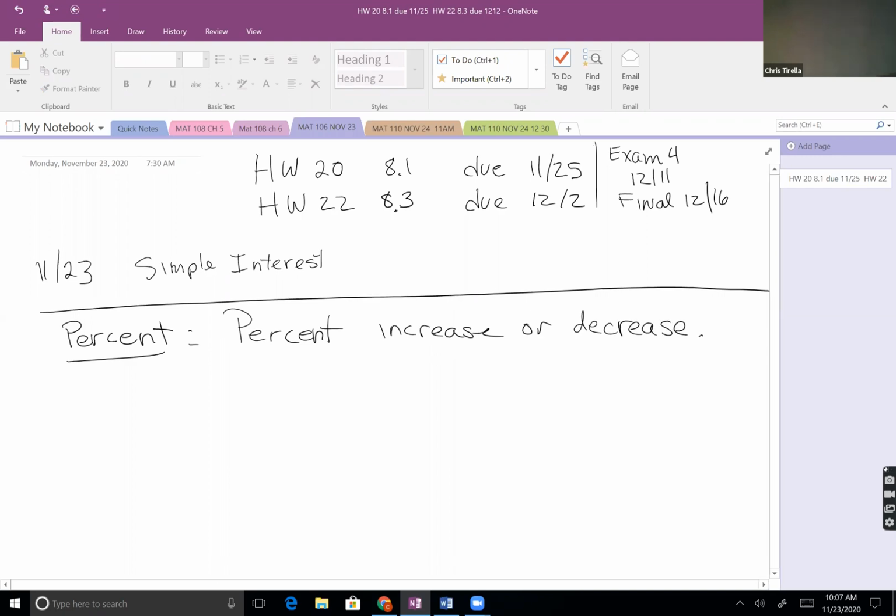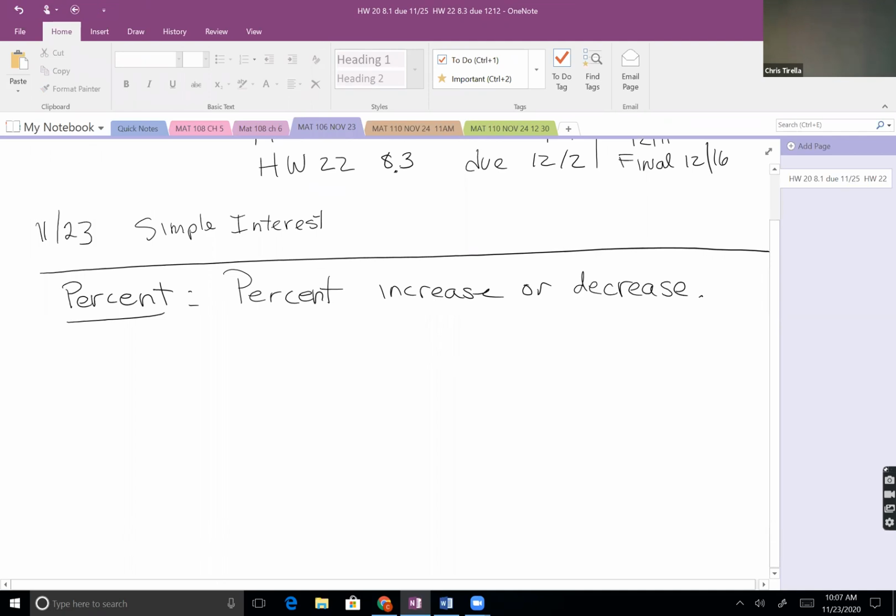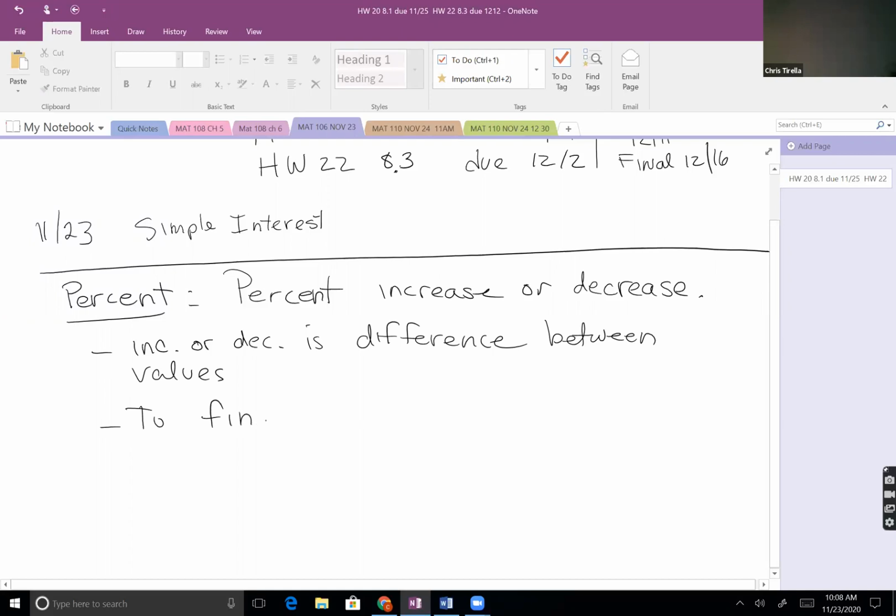With the percent increase or decrease, the increase or decrease is the difference between the values. And to find the percent increase or decrease, we're always going to compare it to the original value.